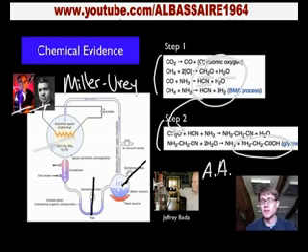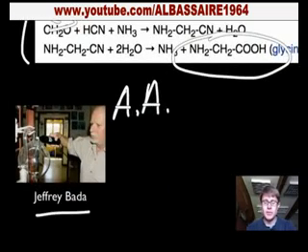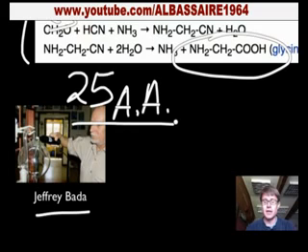Since then, a number of different experiments similar to the Miller-Urey experiment have shown that we can create the building blocks of the genetic code as well. In other words, not the amino acids, but the building blocks of RNA and DNA. Now, since that time, Jeffrey Bada, who actually worked in the lab with Miller, has looked through the vials that Miller did in the 1950s and found about 25 amino acids were created in that experiment.